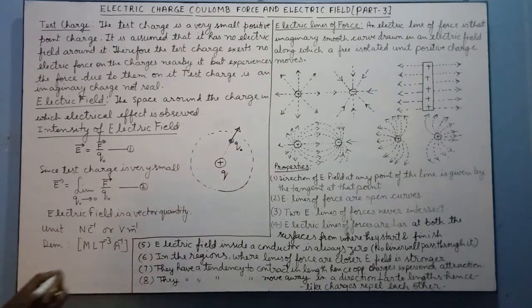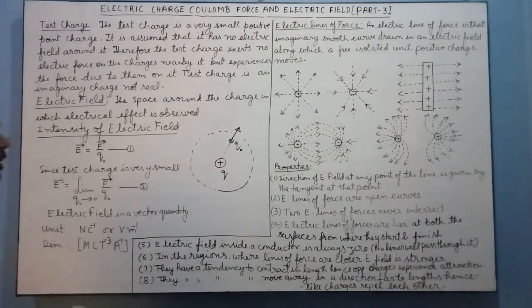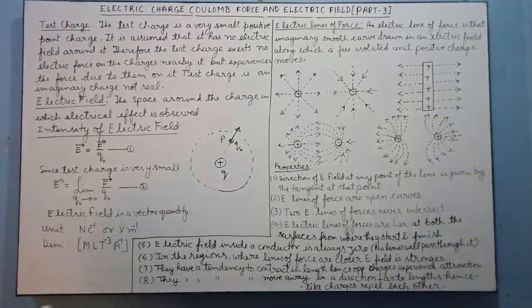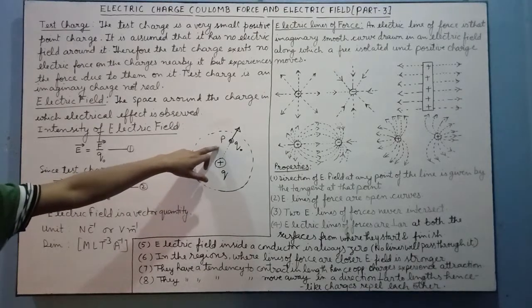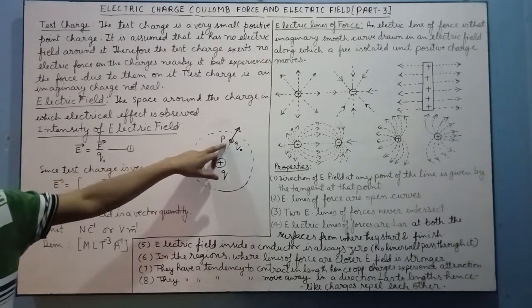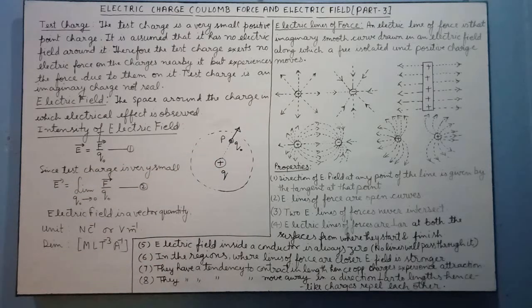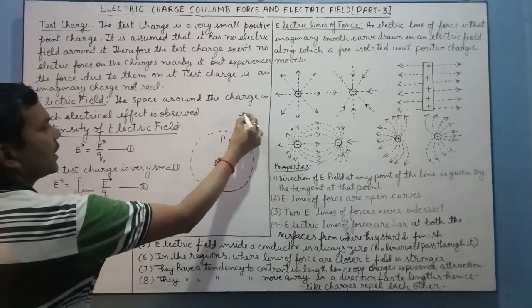Now we want to calculate the intensity of electric field at a particular point from this charge plus Q. Suppose this point is P. We will place a positive test charge Q0 at this point, and what will happen? As we know, this charge will exert a force on the test charge.